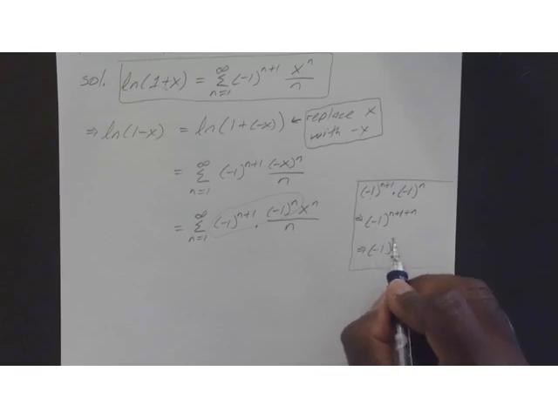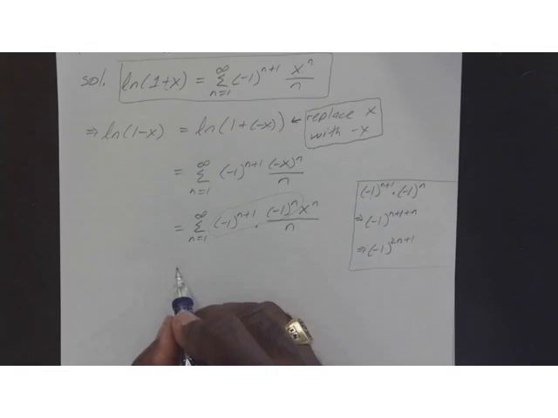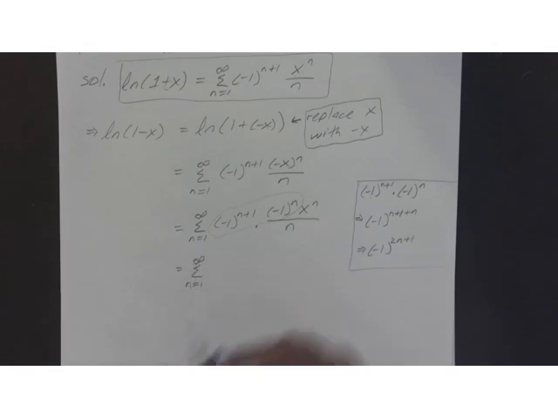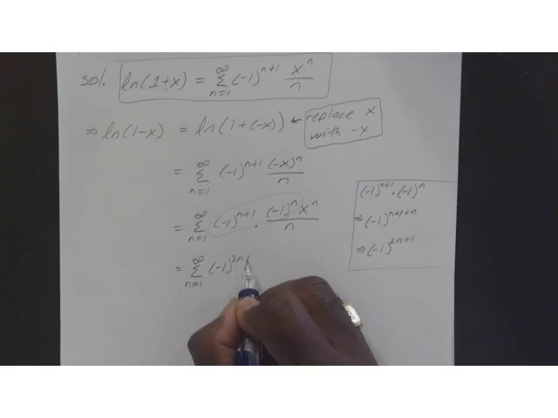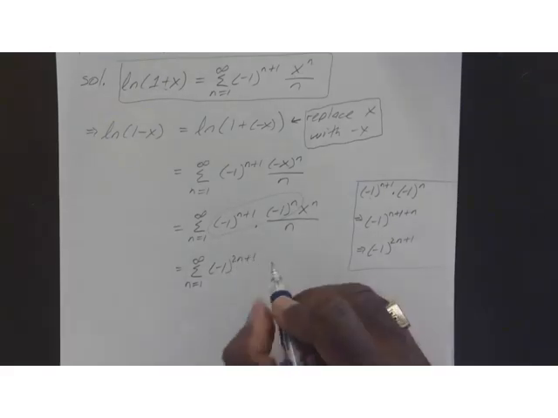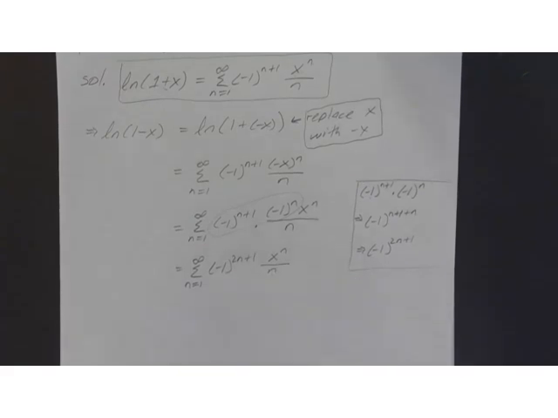So we have negative 1 to the power of 2n plus 1. So we can rewrite that as the sum from n equals 1 to infinity of negative 1 to the power of 2n plus 1 times x to the power of n divided by n.